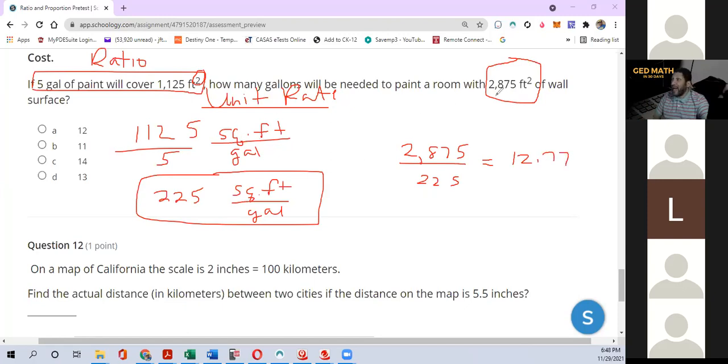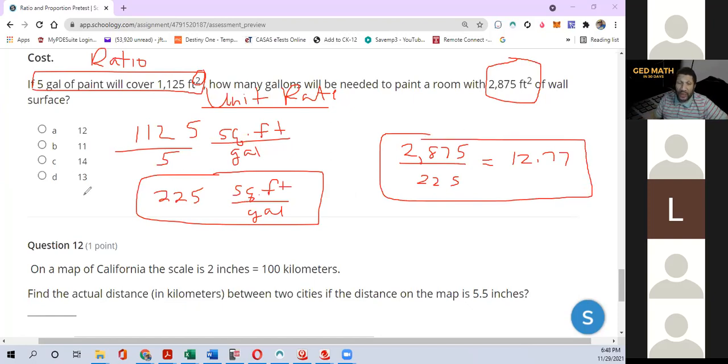So my question is, how many gallons will you need to paint this room? 12? 13. No, 13, because 12.77, 12 wouldn't be enough. You would need some more. Since you can't buy 12.77 gallons, you can only buy either 12 gallons or 13 gallons, right?